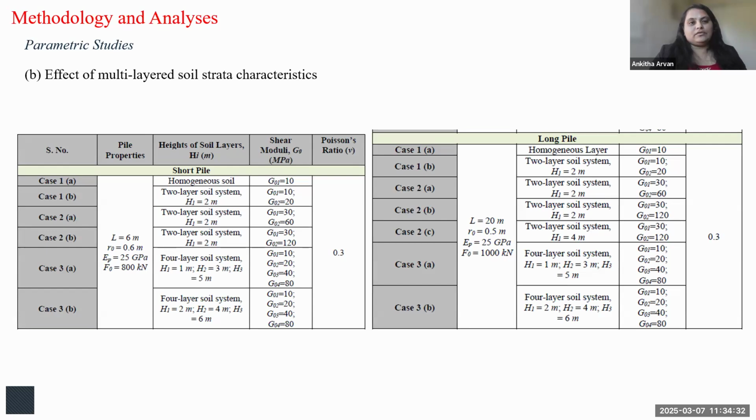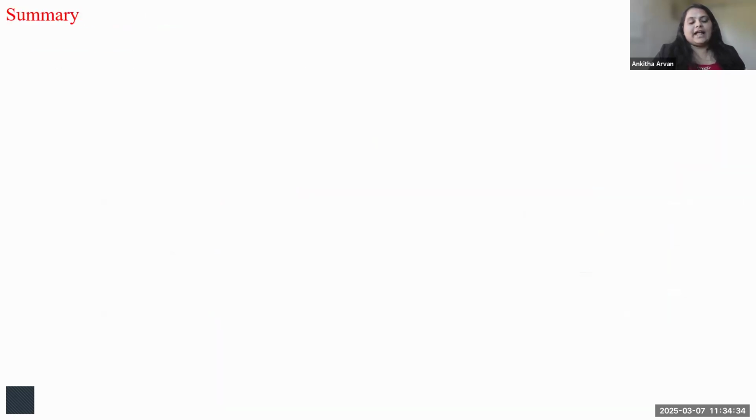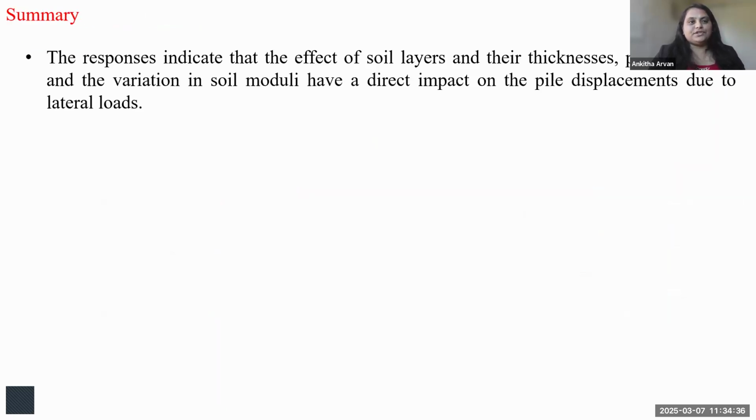With this information, I gathered a summary for the research, which showed that the effect of soil layers and their thicknesses, pile properties, and variation in the moduli have a direct impact on the pile displacements, especially due to lateral loads, and therefore they should be taken into consideration when analyzing pile displacements.